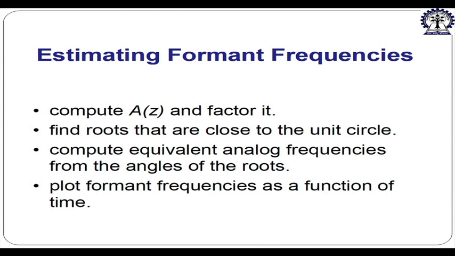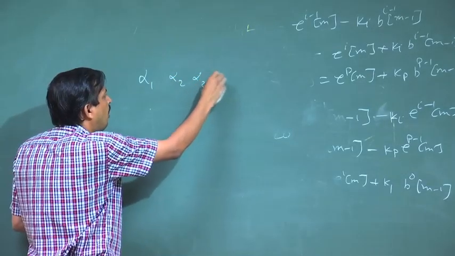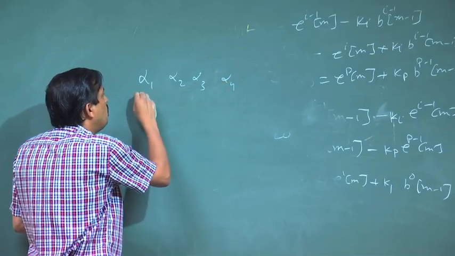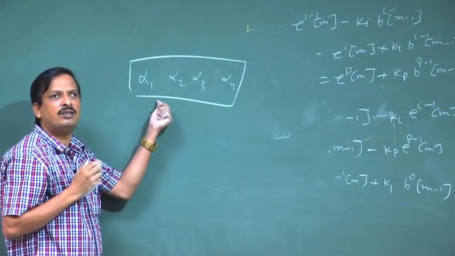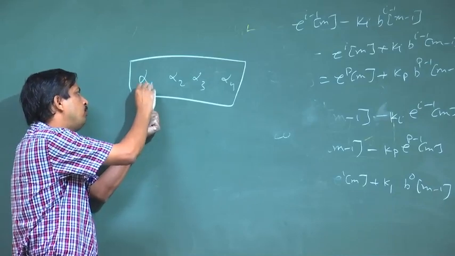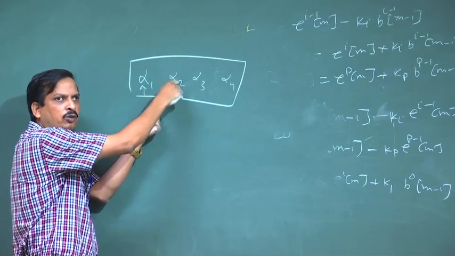Estimation of formants. If I know A(z), I have already discussed that if I know alpha 1, alpha 2, alpha 3 and all LPC coefficients, those represent the transfer function, and each pole position is equivalent to a pole.